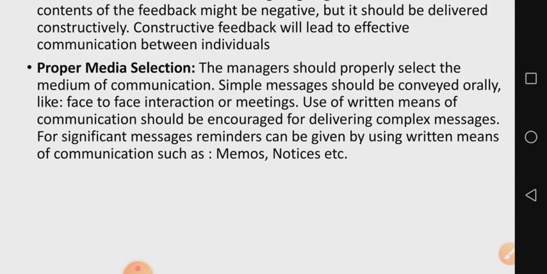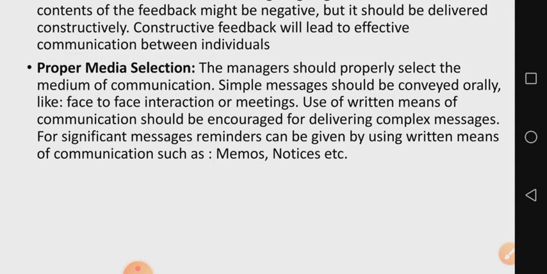If a message is meant to go through email, and you send it through conventional mail or SMS, it will not have an impact. If something is to be said face to face and you send it through email, then it will not have that expected impact.